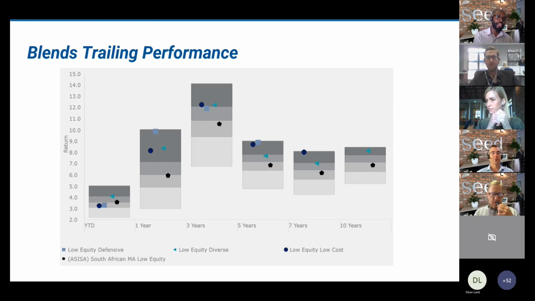If you look at a very short period, year to date, then they haven't necessarily given that top quartile performance, but over time, especially if you look at that 3-year performance, which is kind of like the minimum period that you would want to look at for a portfolio like this, then you get top quartile performances from the blends.